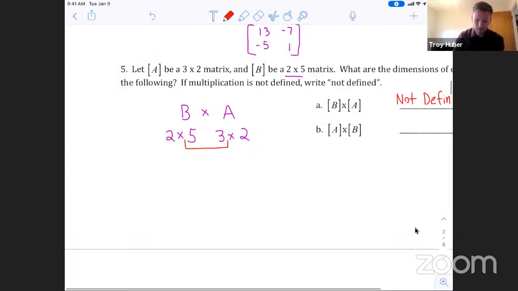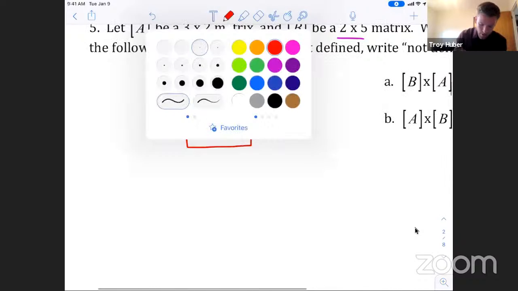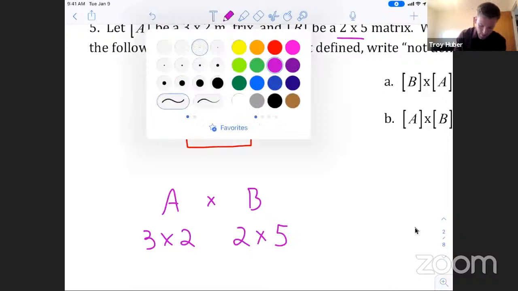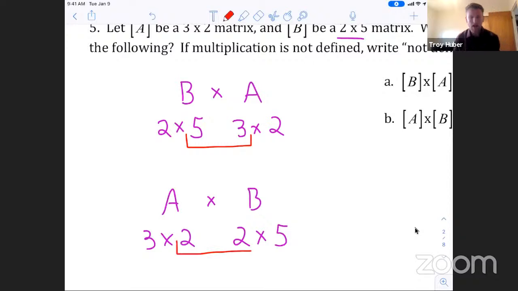Okay, but if we flip this around, and now we're doing A times B, well, A is a 3 by 2, and B is a 2 by 5. So let's see if we can actually do this. These are the same. Therefore, we can do it. But what does our answer look like?